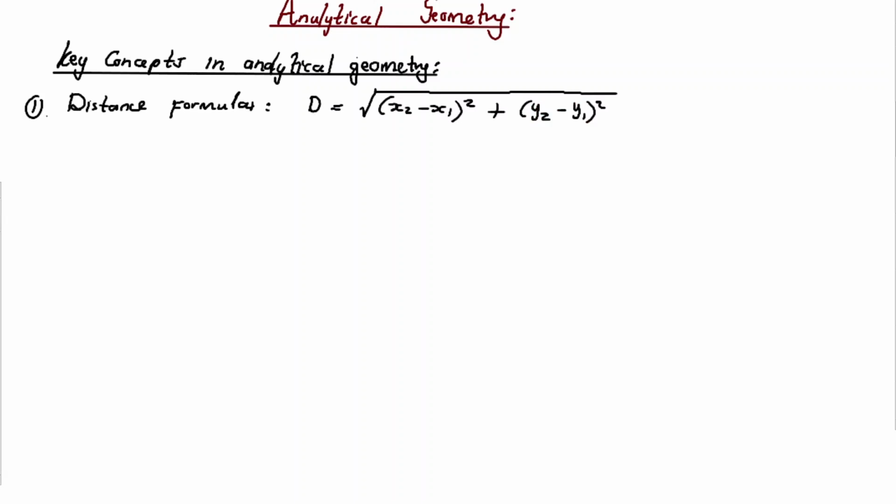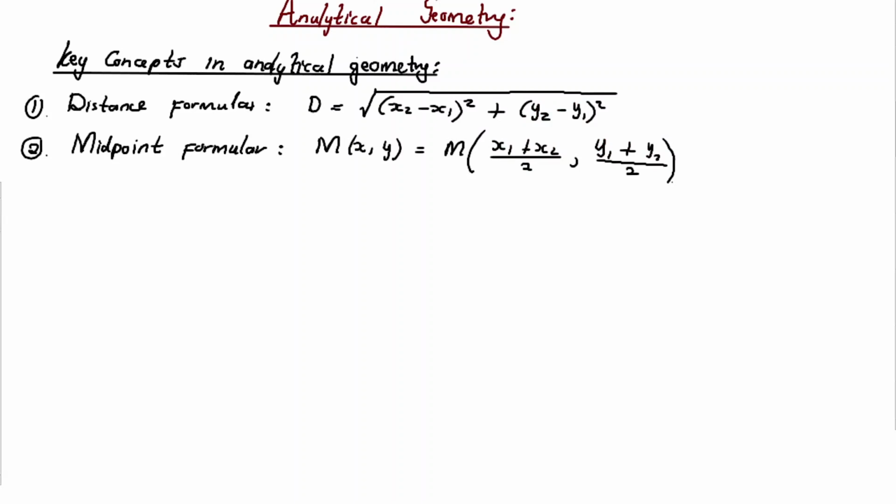So you should be familiar with the following key concepts here in analytical geometry. Coming from level 2, you should know how to calculate the distance. You should also know how to calculate the midpoint, right? So the distance is just basically the length between 2 points along a straight line, and the midpoint is just that point in the middle, the center point on a straight line.